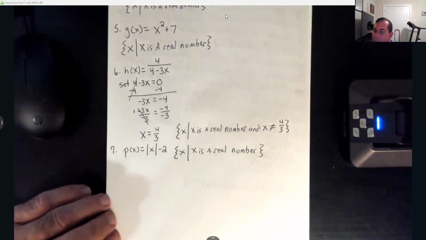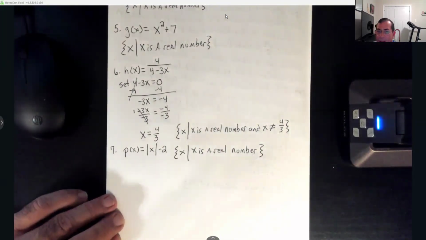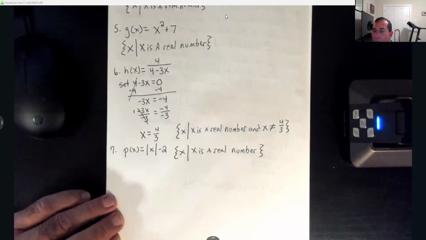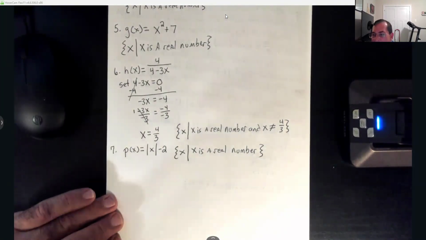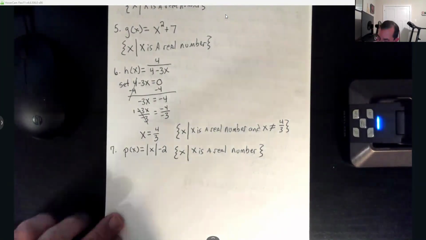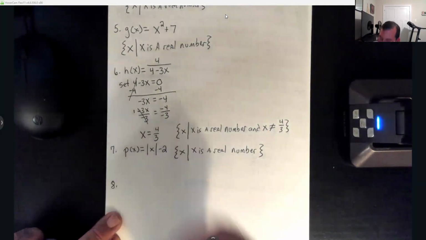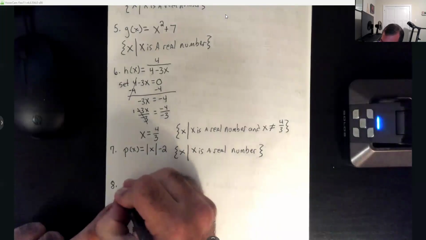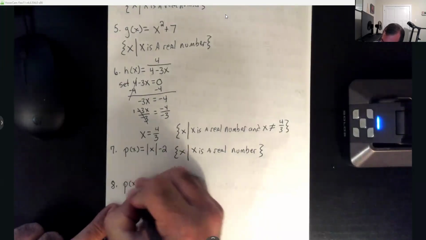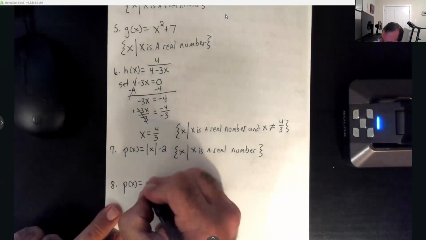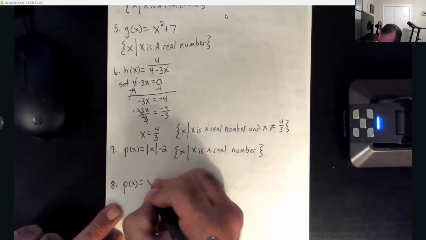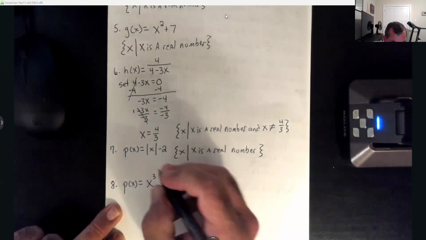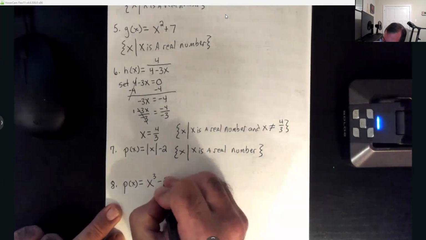And y'all, I want y'all to see that any function is all real numbers unless you got a fraction, okay? So let's see if that holds true for this one. P of x equals, woo, check this one out. X to the third minus 5.